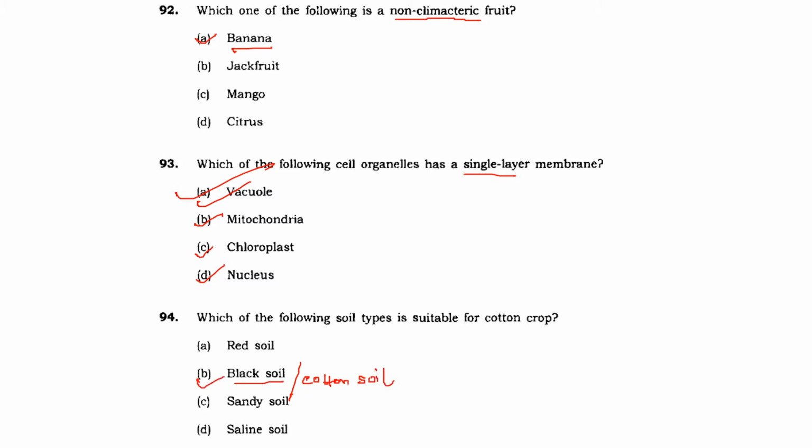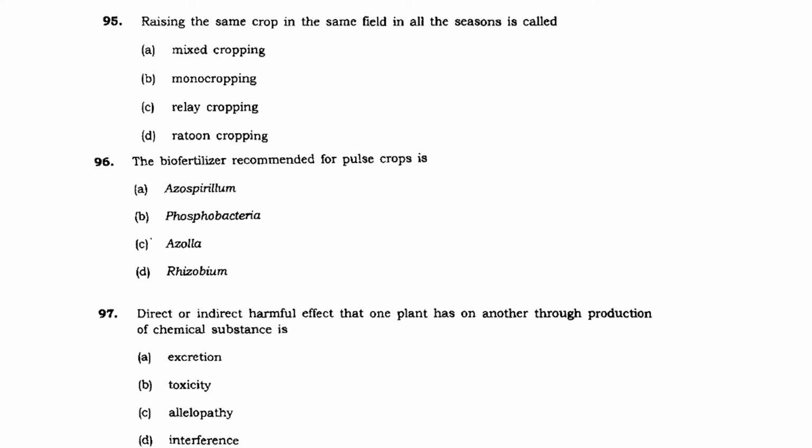Okay. So, question number 95: raising the same crop in the same field in all the seasons is called what? Options: mixed cropping, monocropping, relay cropping, and ratoon cropping. We can see here the word same is repeated twice, and all the seasons, so it means the same throughout the year.